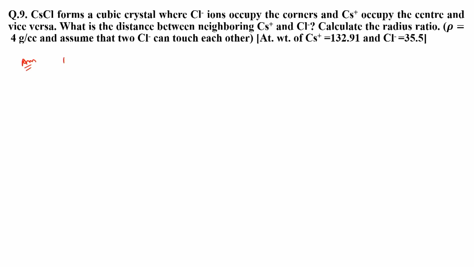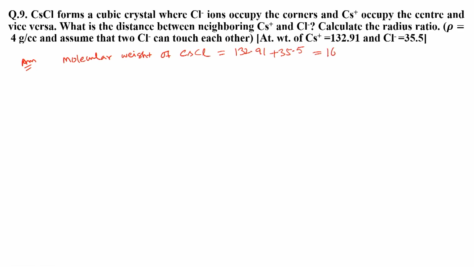Okay, so the molecular weight of CsCl is 132.91 plus 35.5.